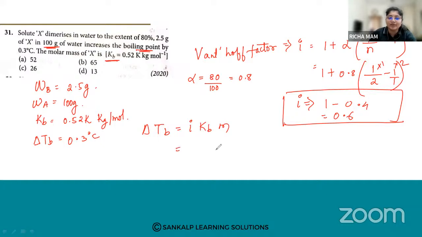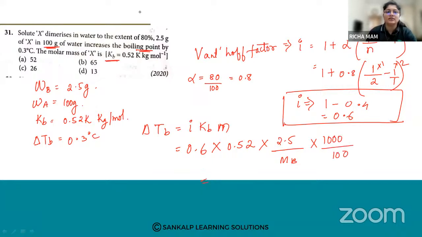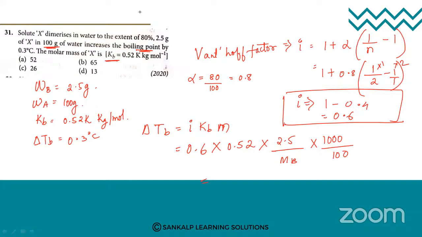What is the value of I? We have found 0.6. Then Kb is 0.52. Then m is given mass upon MB into 1000 divided by 100. See what you are getting.